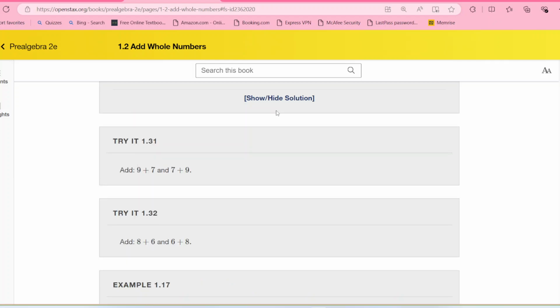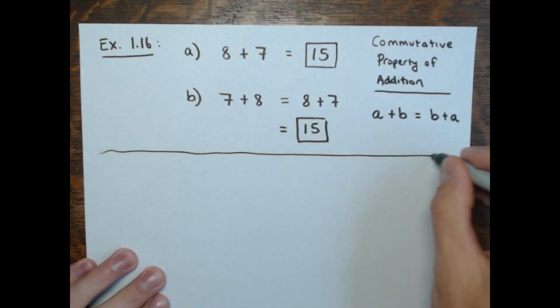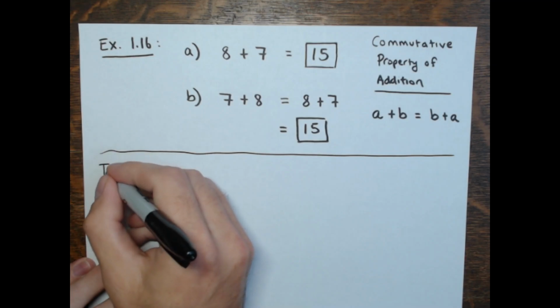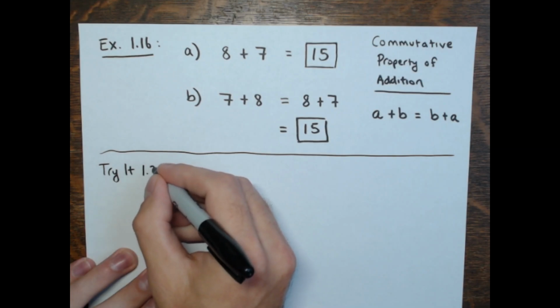Wonderful. All right, so I got a couple more try it problems that I'll put on the same page. And we'll check their answers again in the answer key. So the next one is try it, number 1.31.